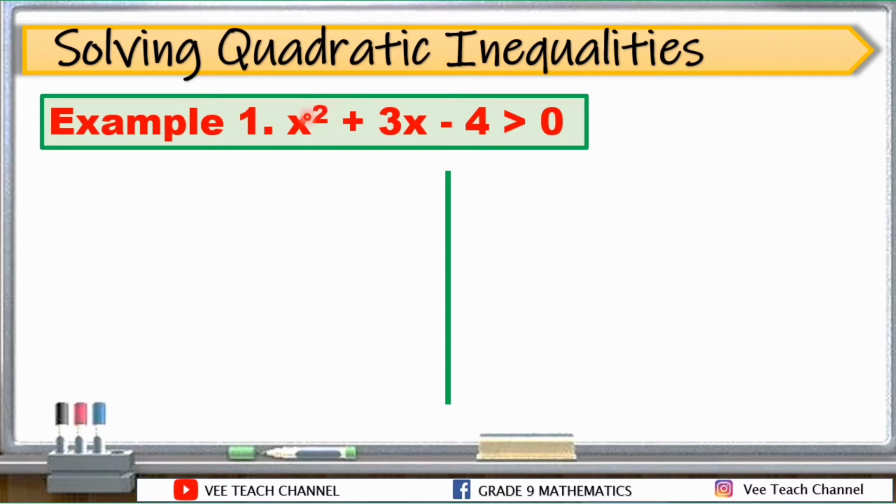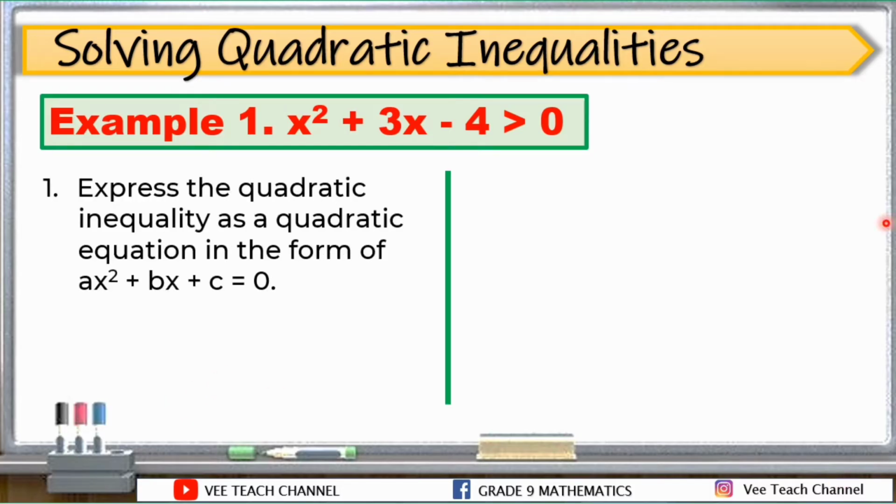Ayan, so we have 2 or x squared and greater than inequality symbol. Makikita nga natin, di ba, na halos same lang siya ng quadratic equation. Ang pinagkaiba lang talaga nila is yung symbol na ginamit. Sa quadratic equation, equal sign ang ginamit. Dito, ang ginamit ay greater than or inequality.